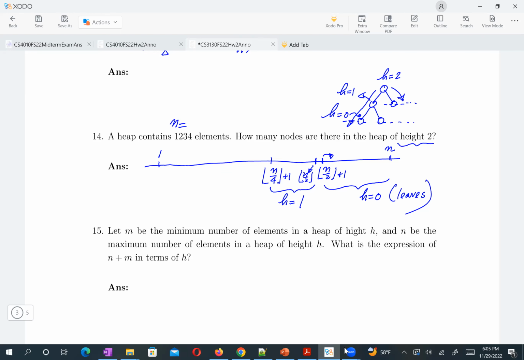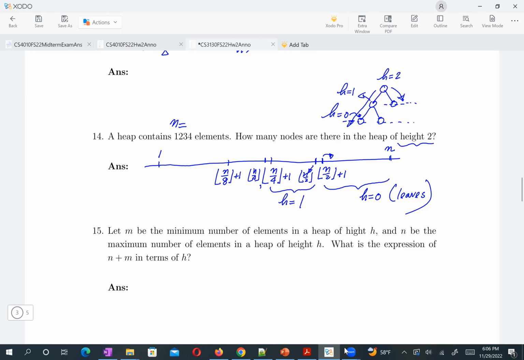Let me do another one so you can get an idea. Another subinterval starts at n/8 + 1, and the last point in this subinterval is n/4.